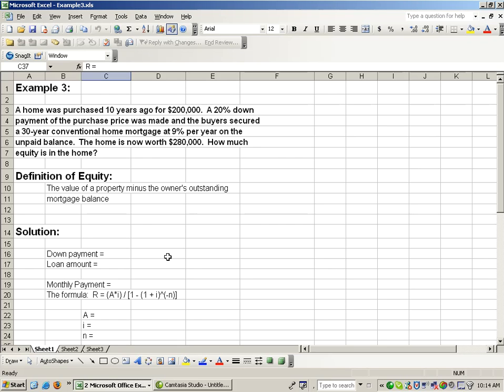So a 20% down payment was made. So let's find 20% of $200,000. Okay, so they made a down payment of $40,000.